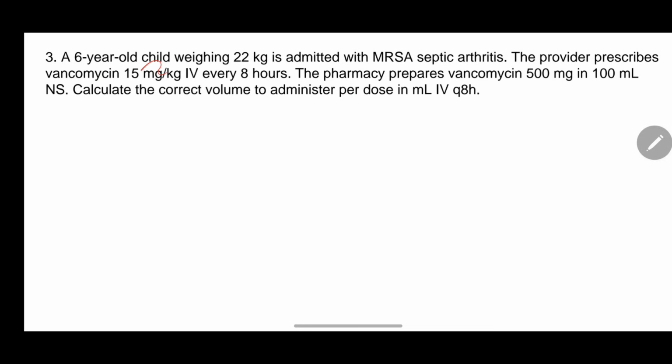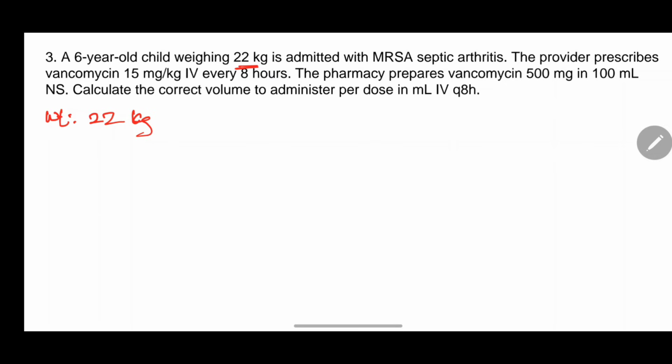Next question, a 6-year-old child weighing 22 kg is admitted with MRSA septic arthritis. The provider prescribes vancomycin 15 mg per kg IV every 8 hours. In a day we have 24 hours. If we divide it by 8 hours, a total of 3 times we can give. 8 3s are 24. So 3 doses.